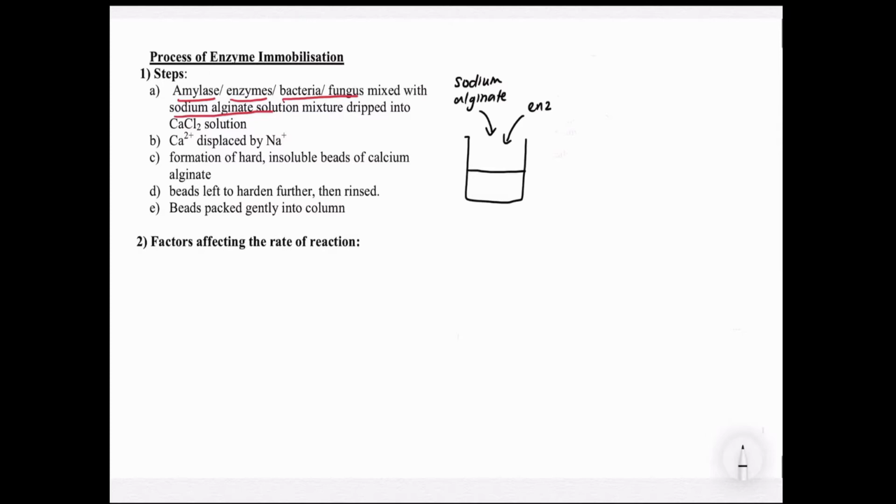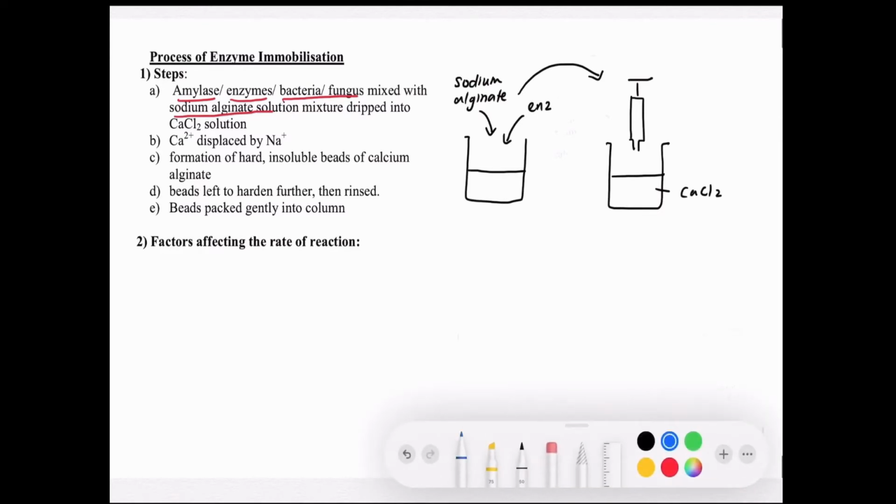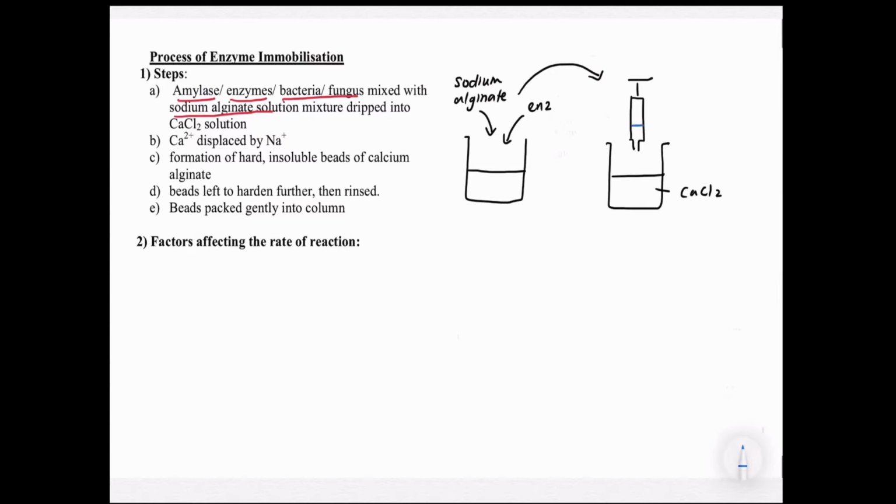alginate. The next thing we're going to prepare is a beaker with calcium chloride solution. We're going to use a syringe to get the mixture of sodium alginate and enzyme, and using the syringe, we're going to drip the solution in the form of beads into the calcium chloride solution.